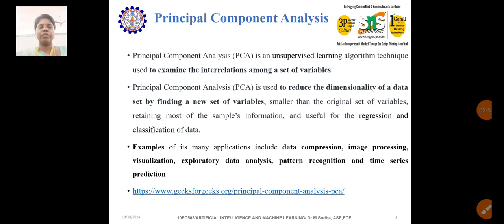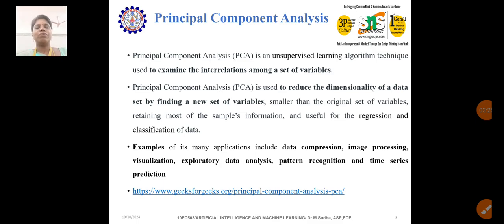Take data compression: we all know that we can shoot some video, and the video capacity may exceed the storage space. What we used to do is compress the video using a compressor so that the space is reduced. But while compressing the video, the pixels should not get damaged, so that the image quality is retained.